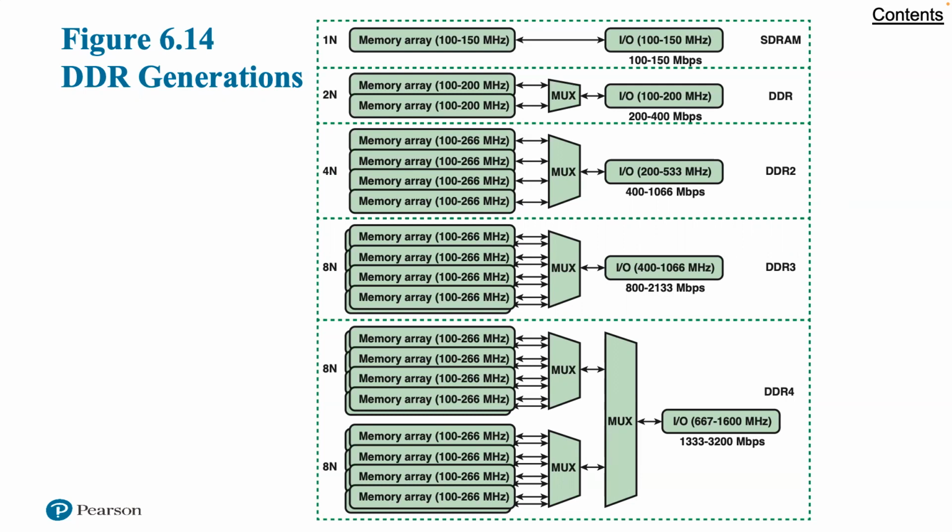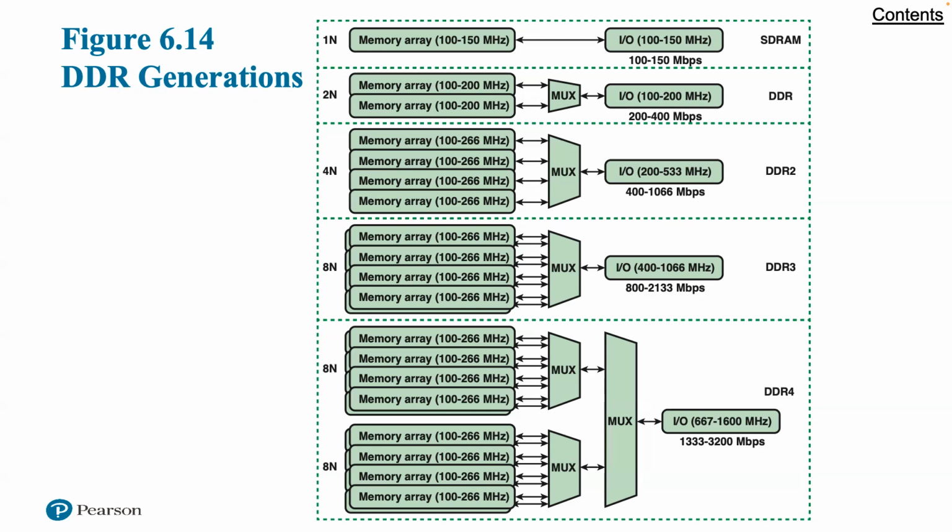Because the core of the DDRAM is much slower than the interface, the difference is bridged by accessing information in parallel and then serializing it out the interface through a multiplexer, also called a MUX.